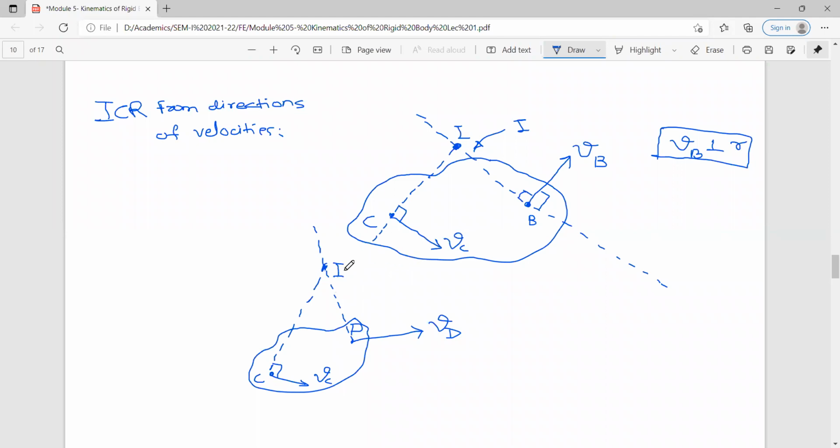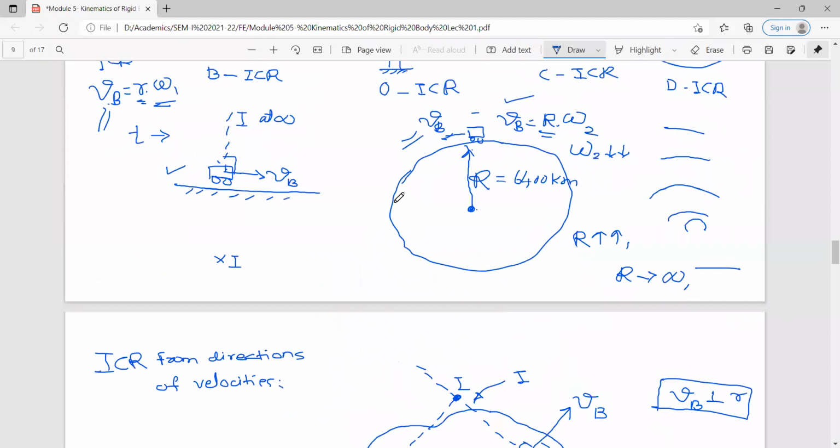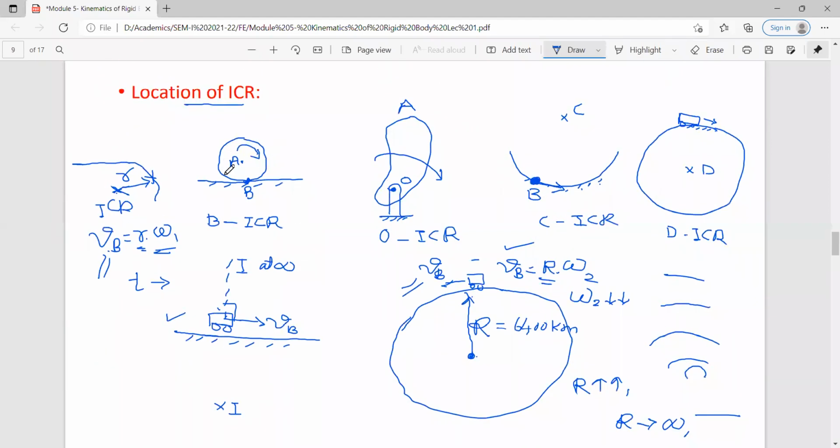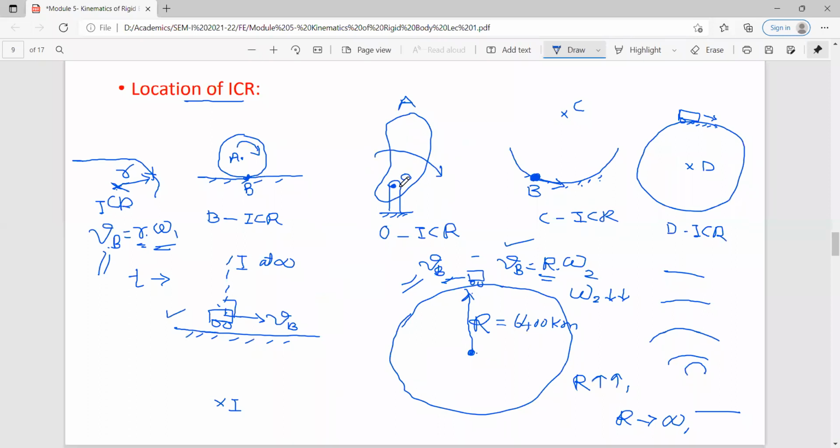So if the velocity's direction is given to you, you can find ICR in this manner. और अगर आपको यहाँ पे तो ऑब्वियसली दिखता है, ये रोलिंग सिलेंडर का तो समझ में आ जाता है कि जहाँ पे वो ग्राउंड को टच कर रहा है, वो वहीं पे होगा ICR. It was also simple that this is turning about this point.